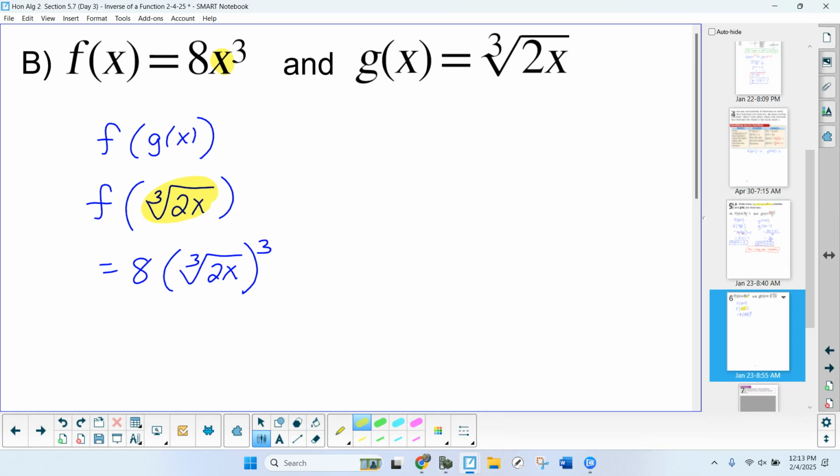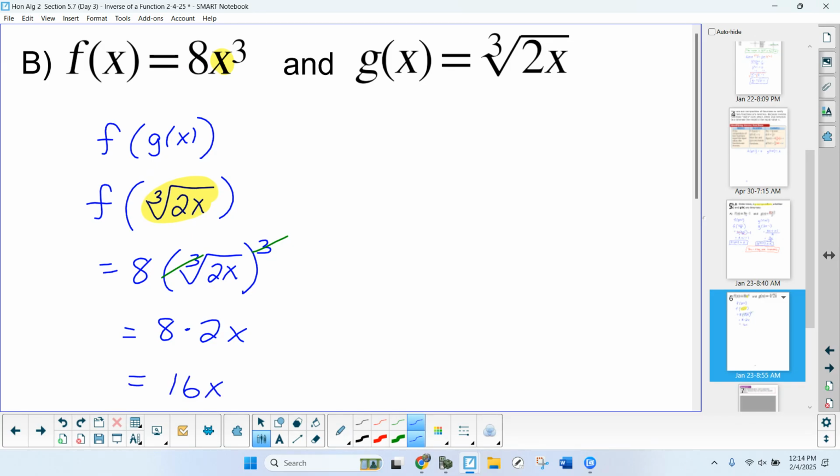So I have 8, and then in parentheses, cube root of 2x to the third. What cancels? The cube root and the cube. So I get 8 times what? 2x. What's 8 times 2x?